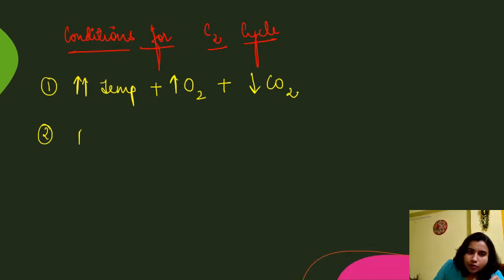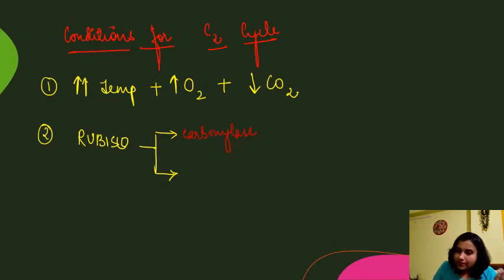Here Rubisco has two binding sites, right? One is for carboxylase, the other one is oxygenase. Rubisco basically acts as carboxylase and oxygenase, right?